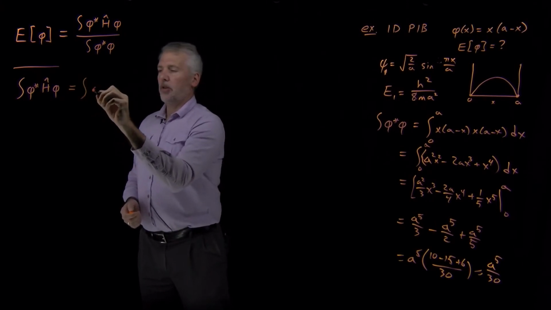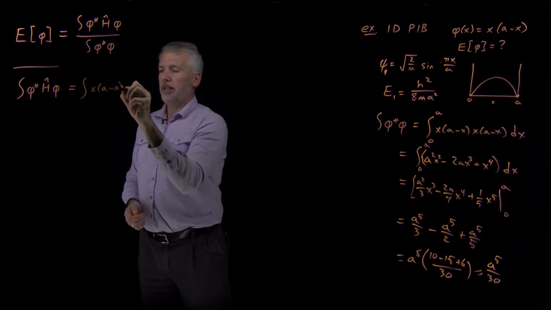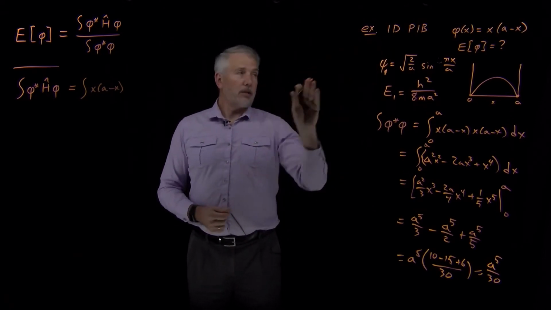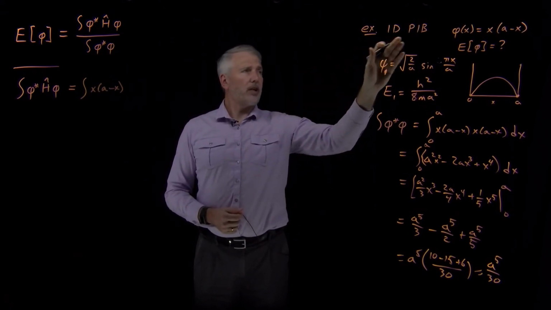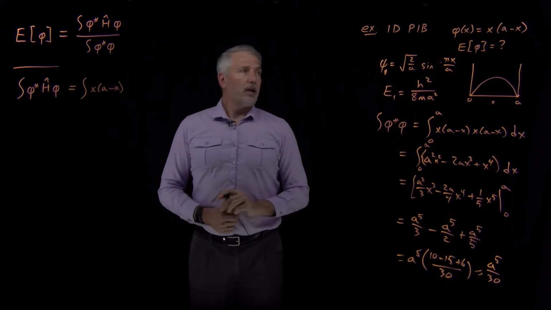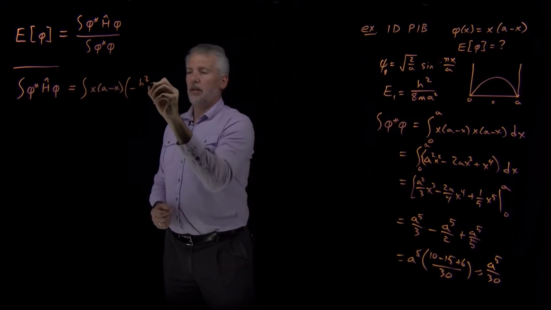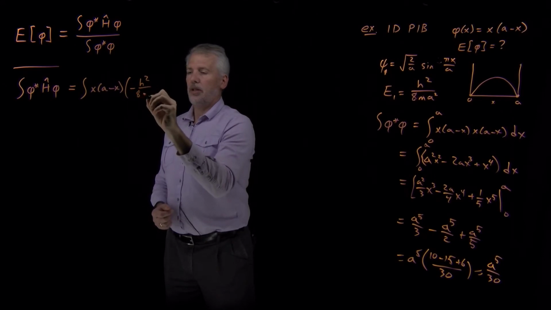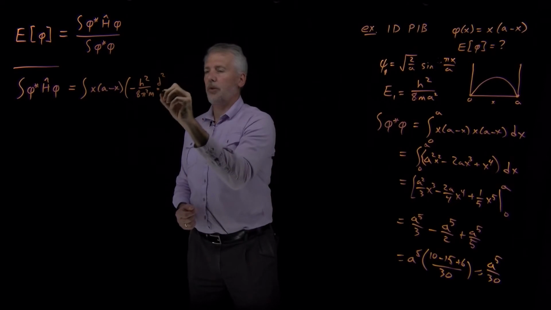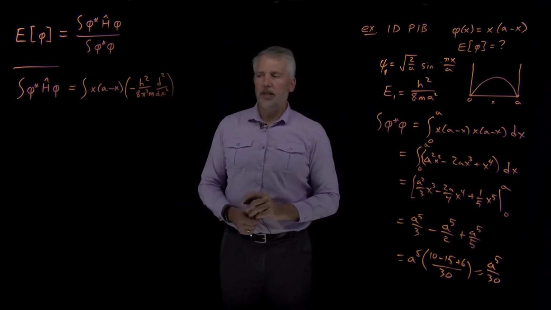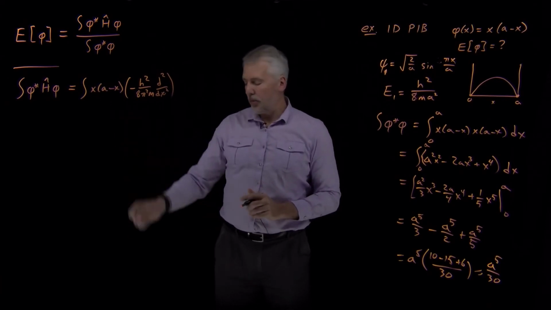That's going to be the integral of my function, x times a minus x, Hamiltonian. Remember, for the harmonic oscillator, I've been saying harmonic oscillator, I mean particle in a box. For the particle in a box, that Hamiltonian is just h squared over 8 pi squared mass times the second derivative. And the thing I want to take the second derivative of is, again, the wave function.